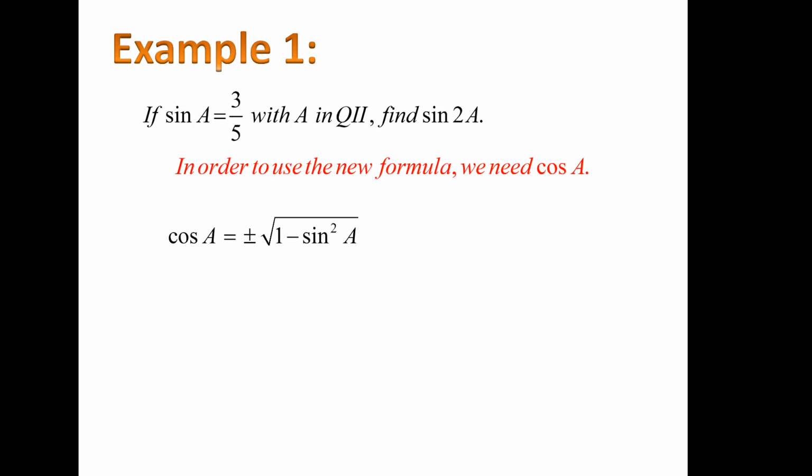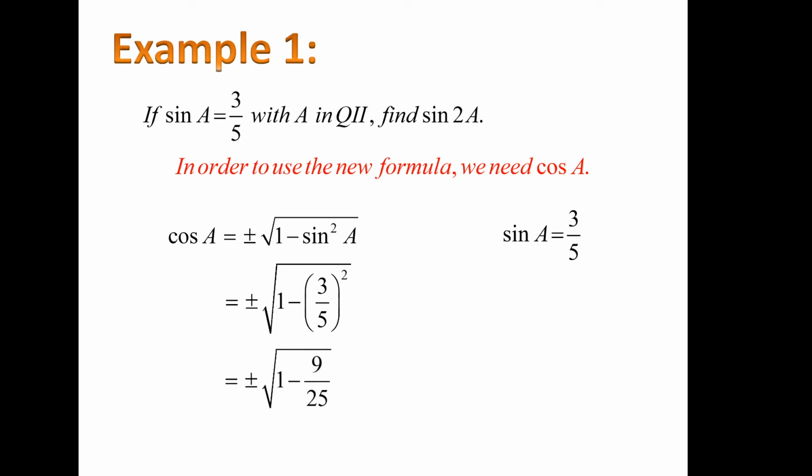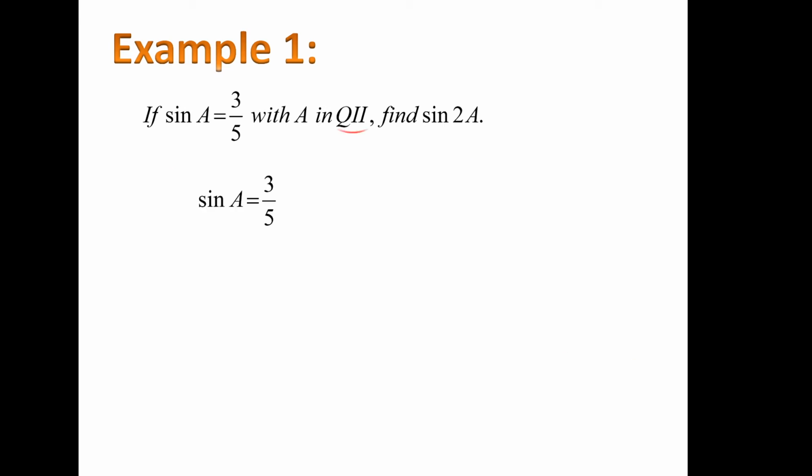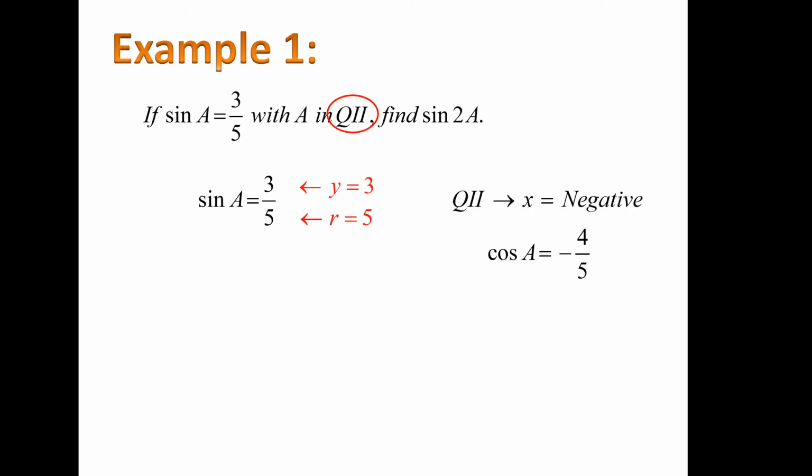Using the Pythagorean identity, you can also figure it out. Sine A is 3/5, so we subtract by plugging in the number. We get 1 minus 9/25, so we have 16/25, plus or minus. We find out which sign to use. Since we are in quadrant 2, by All Students Take Calculus, cosine A in quadrant 2 is negative. So it's going to be a negative ratio. So it's negative 4/5.